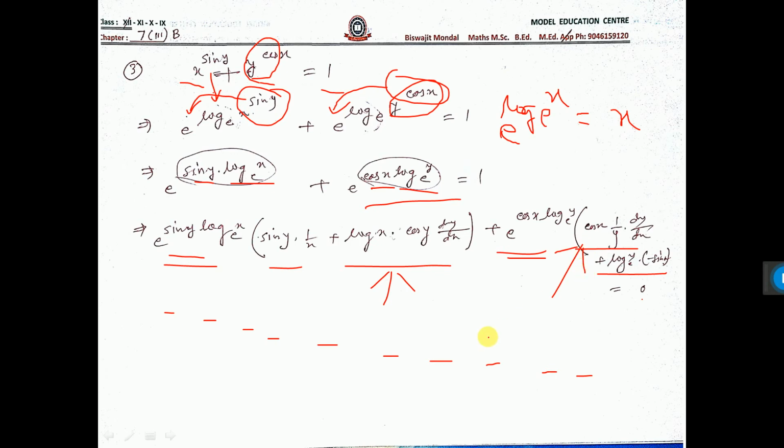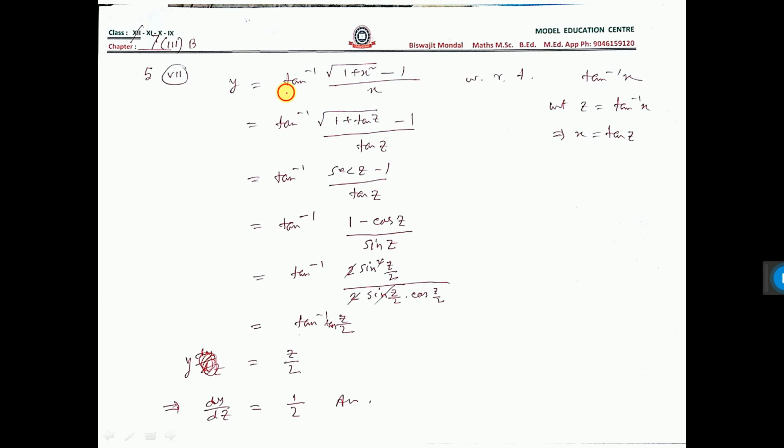So these two terms take to the left hand side and the other two terms to the right hand side. Then from the left side you take dy/dx common, and on the right side nothing will be there, it stays the same. And next dy/dx keep in the left hand side, other things you send to the right side in division form. So that will be the answer.